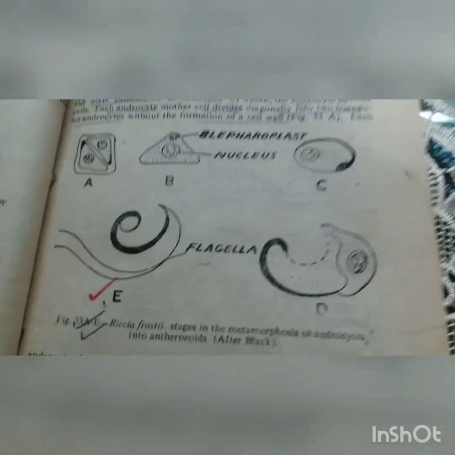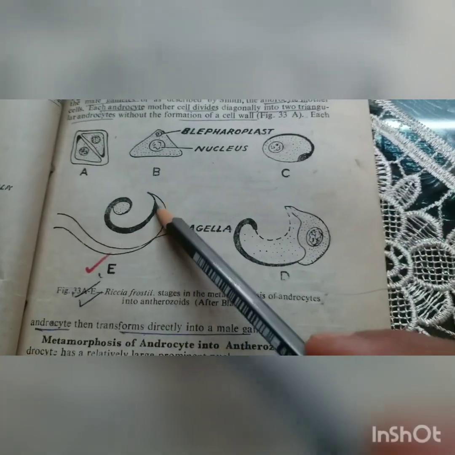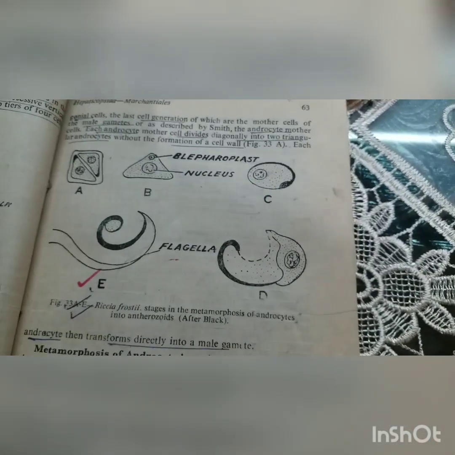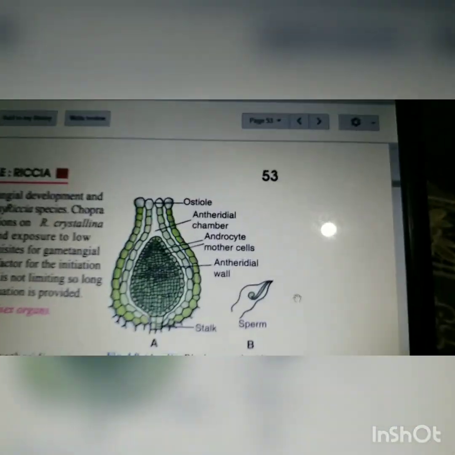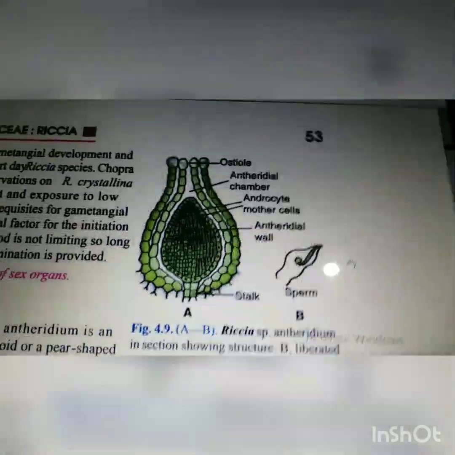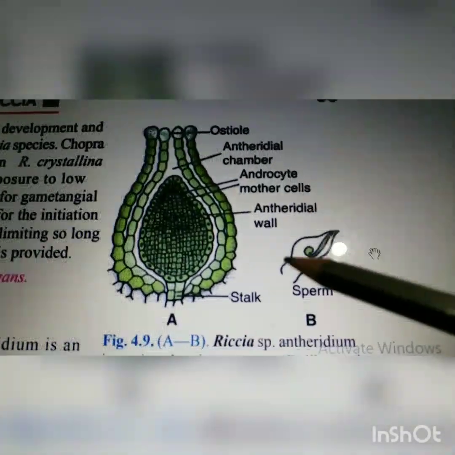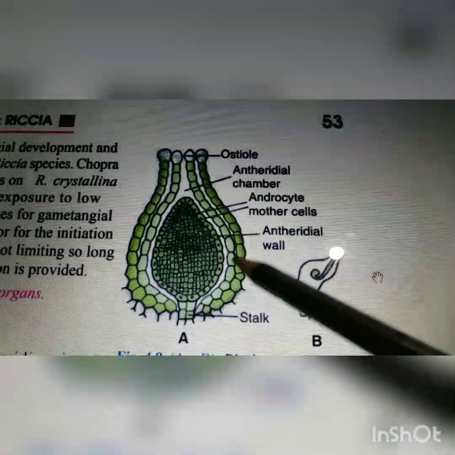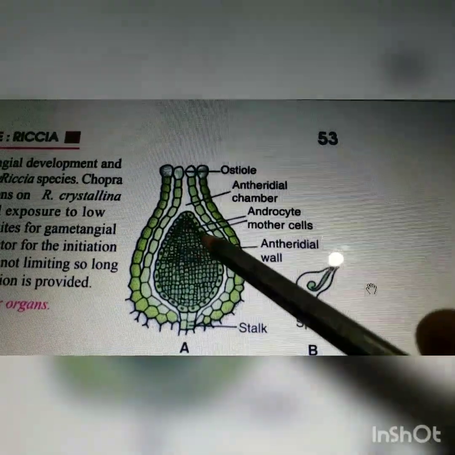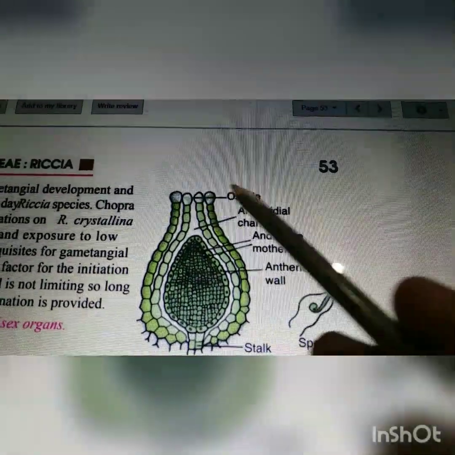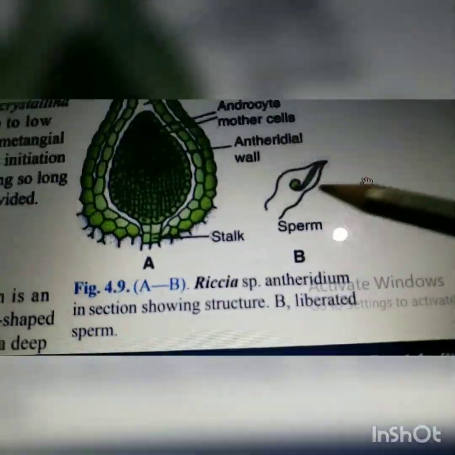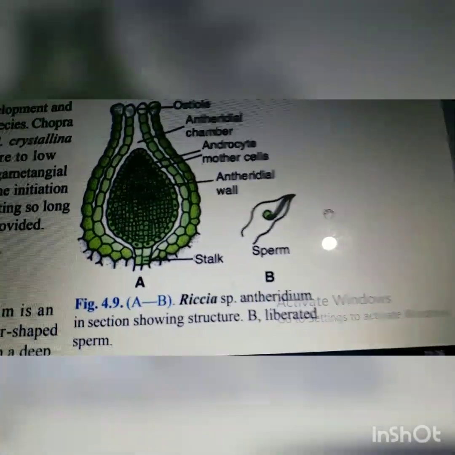I already told you it is spindle shaped, curved, with two large flagella through which it undergoes locomotion. Now see the full structure of this. Here you will see the multicellular stalk, antheridial wall, and these are the androcytes, and this is the antheridial chamber, and its opening, I already told you, is called the ostiole, and this is the sperm, which I already explained, right?